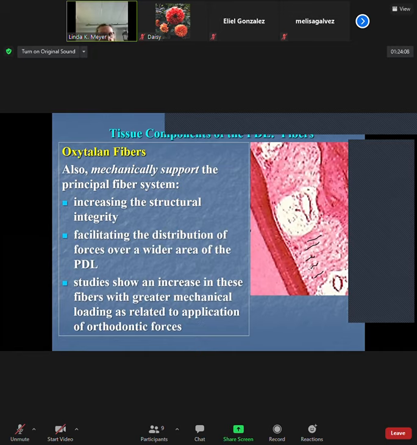And one thing that's been interesting, it's written on your sheet there, researchers have found that when a person's in orthodontic tooth movement, there are more forces placed on the periodontium, and they actually see an increase of these oxytalan fibers to provide mechanical support in response to those extra forces, which we're going to talk about more when we get to the bone unit in the next couple weeks.